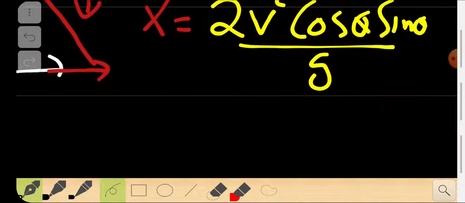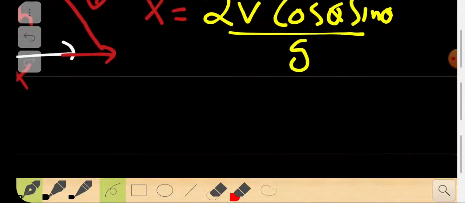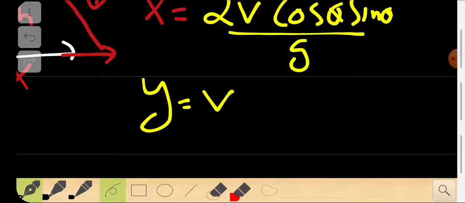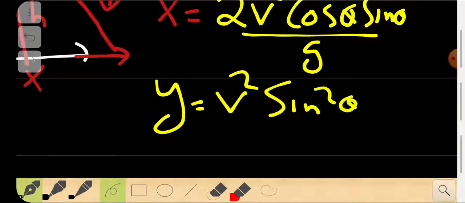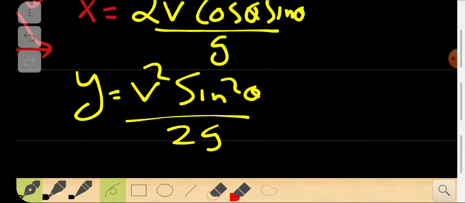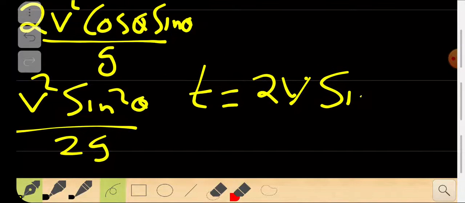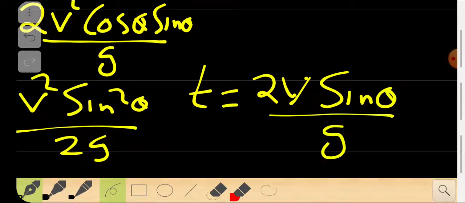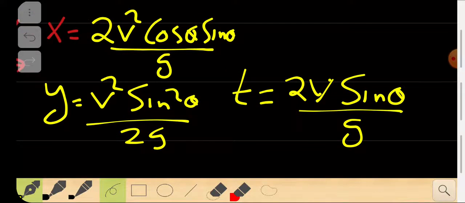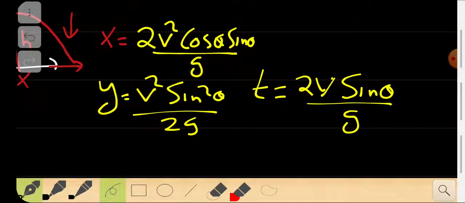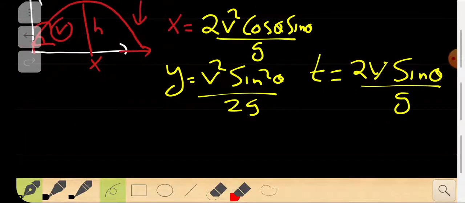We also found the maximum height, which will be v square sine square theta by 2g, and the time of flight, which will be 2v sine theta divided by g. These are the different aspects of projectile motion which we have already found out.